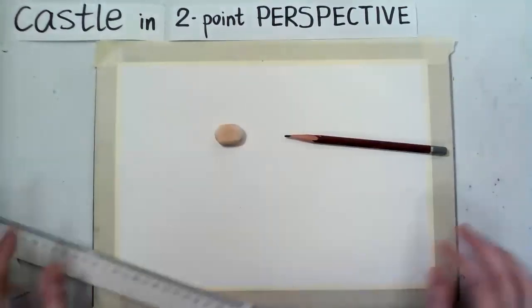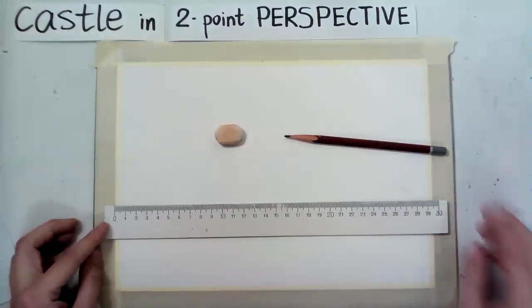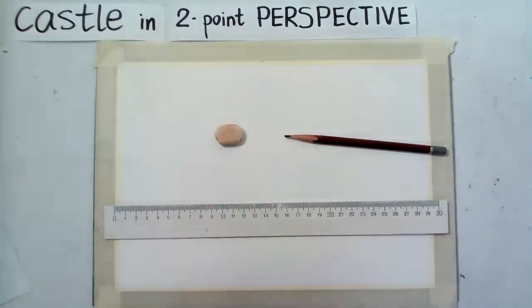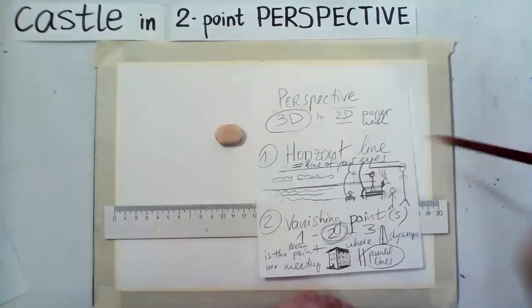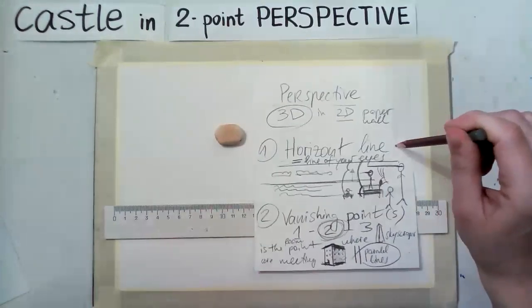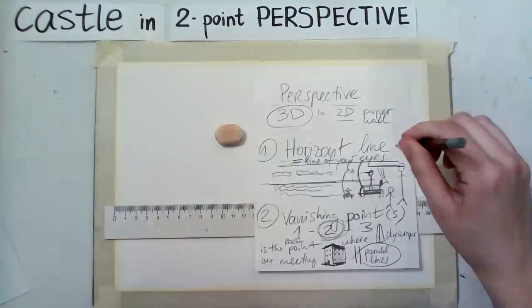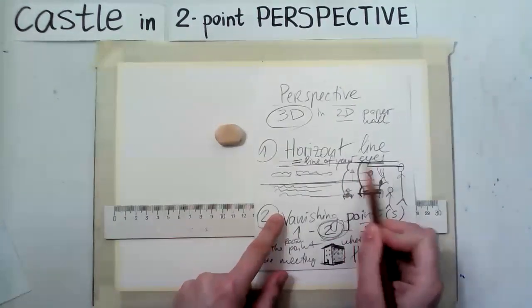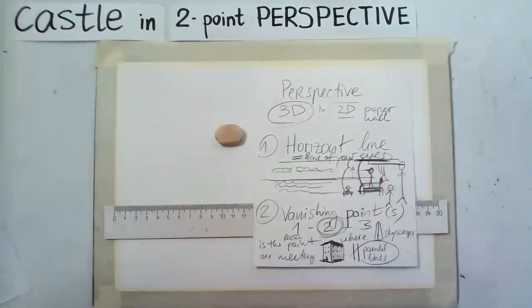So what we're gonna start with is defining the horizontal line. Defining the horizontal line means, again, defining our eye level. So we just remember the horizontal line is actually our eyes.